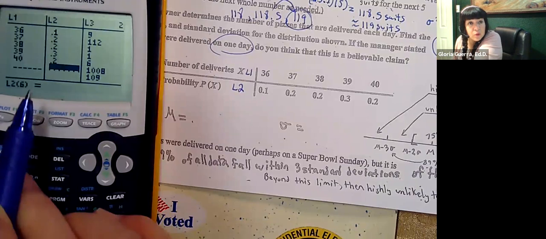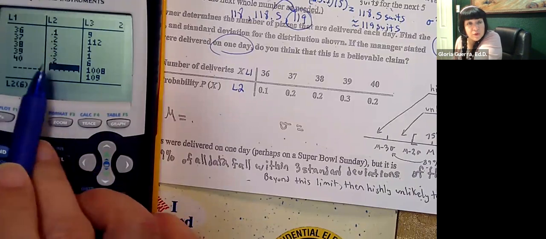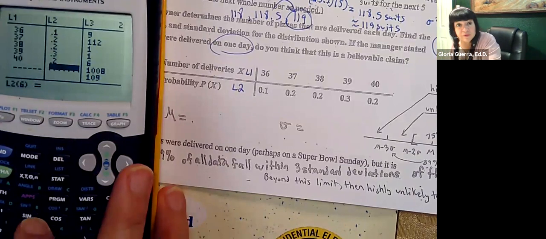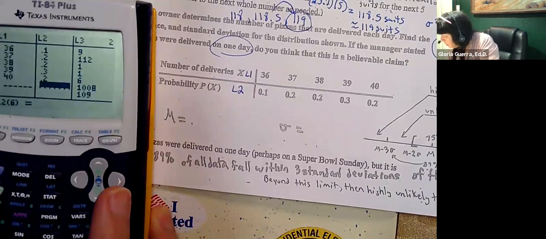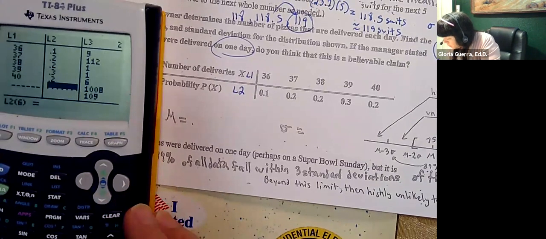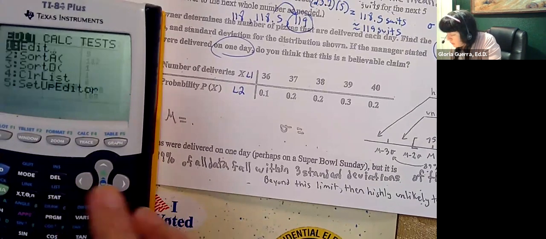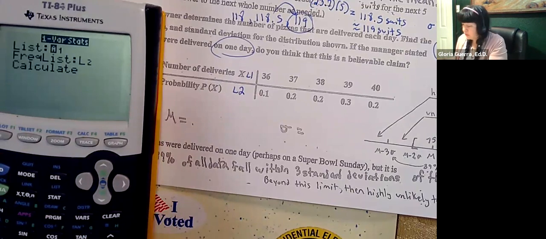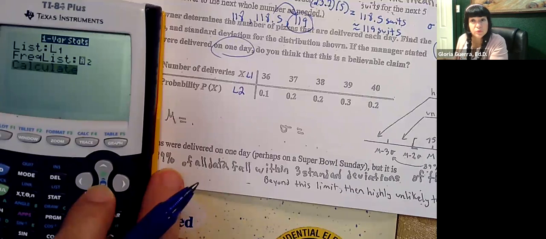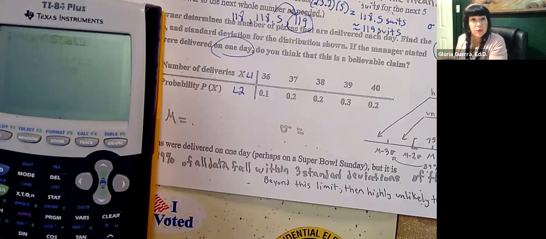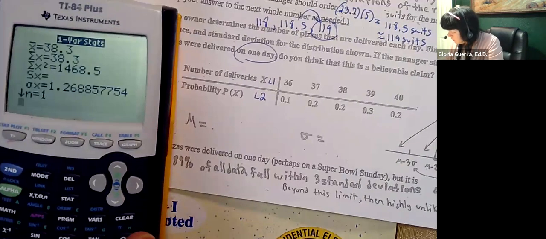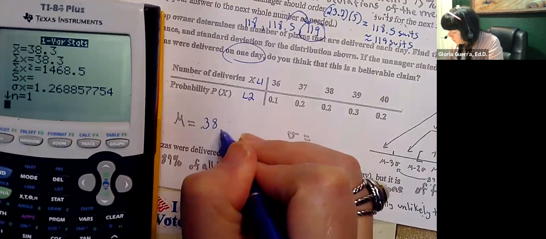You want to make sure you have enough and equally balance the data, otherwise it won't calculate correctly, or probably won't calculate at all. So go to stat, calculate, one variable stats, and this is fine, L1, L2, and voila, the mean is 38.3.